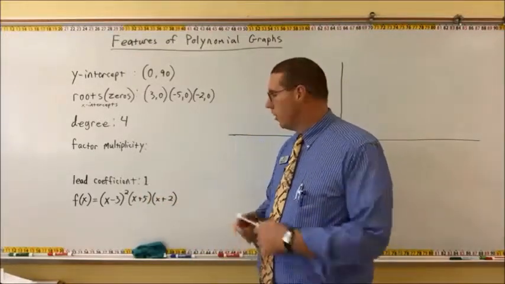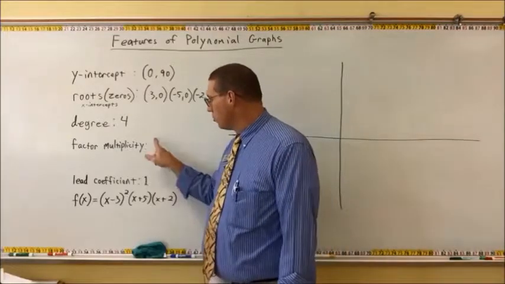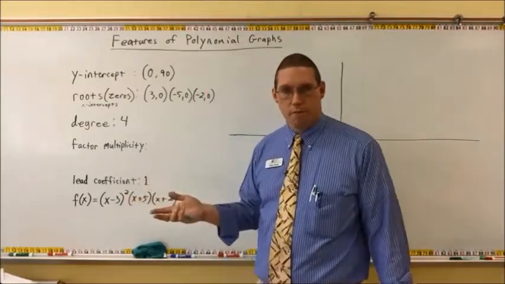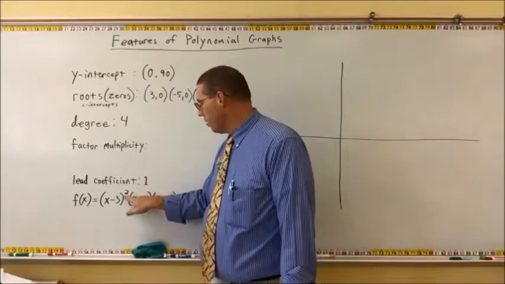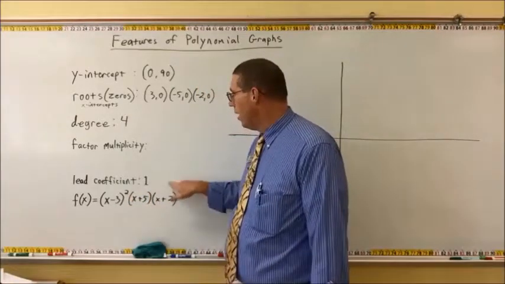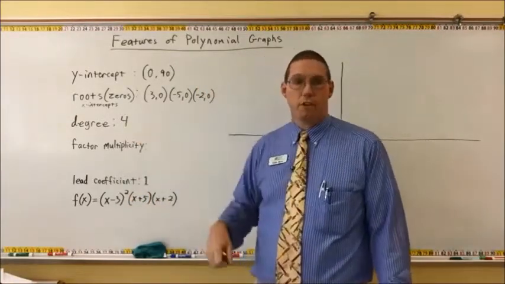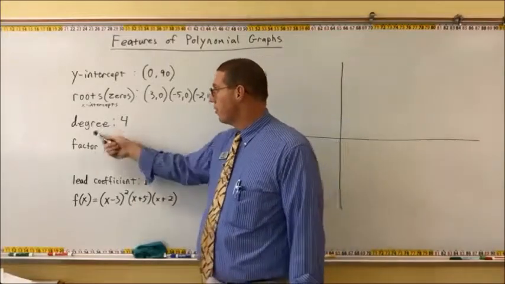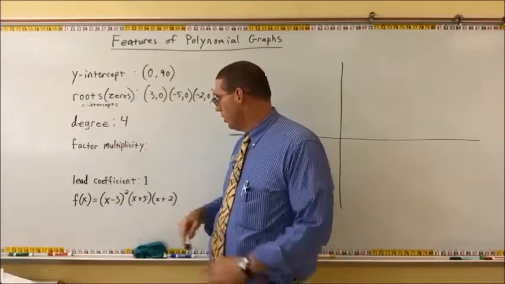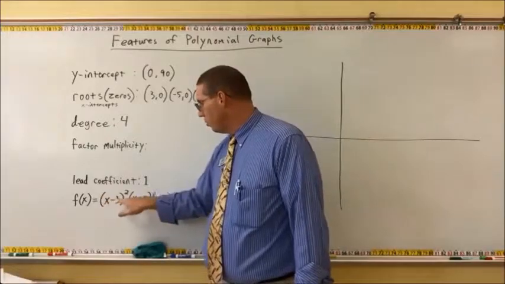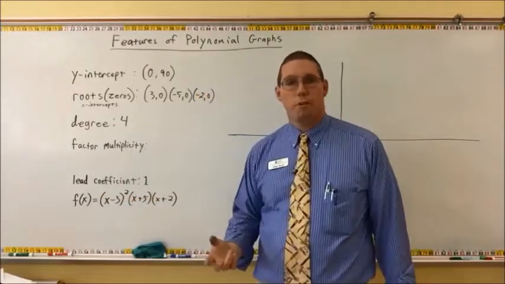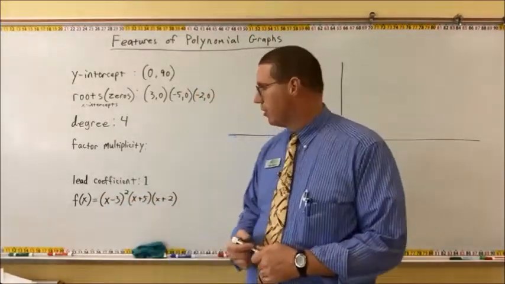I also want you to notice that if you add up the multiplicities, I should have showed you this in the previous video, but if you add up the multiplicities, 2 plus 1 plus 1, that gives you the degree of the function. So you can actually identify the degree and the lead coefficient. To identify the lead coefficient, you just multiply each of the individual lead coefficients, and that gives you the lead coefficient.